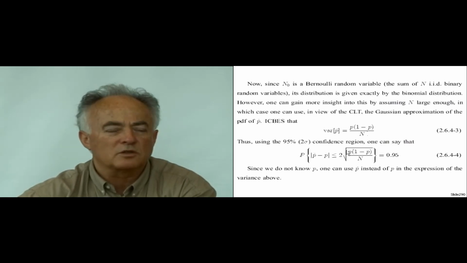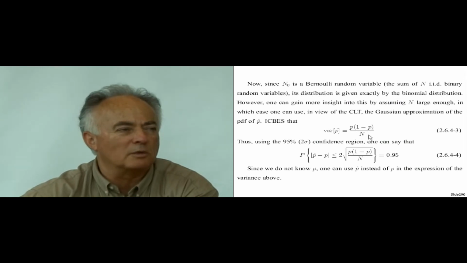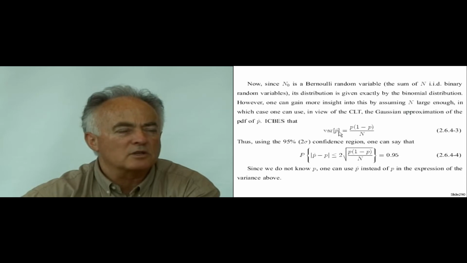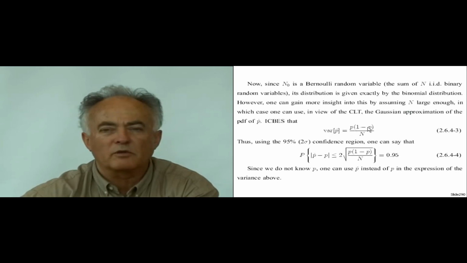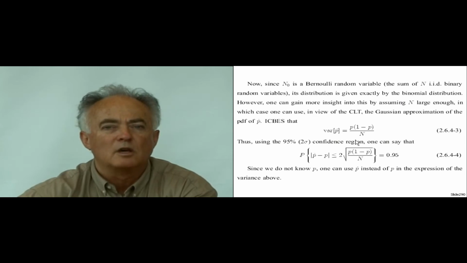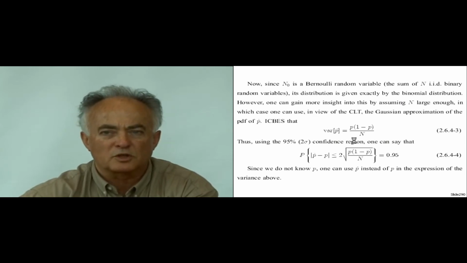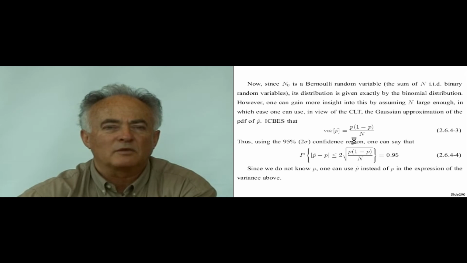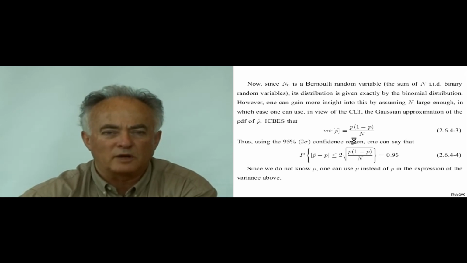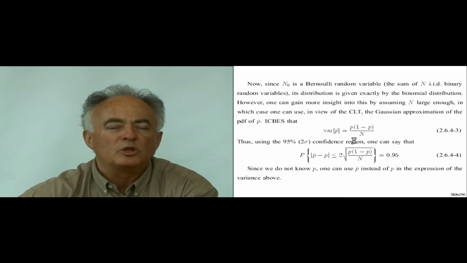You have n such variances, so you end up with a single n in the denominator. With this result, the observation is that it does tend to 0 as n goes to infinity, which means with more and more such experiments the relative frequency of the outcome of our event of interest, n0 over n, will tend to the true value p.